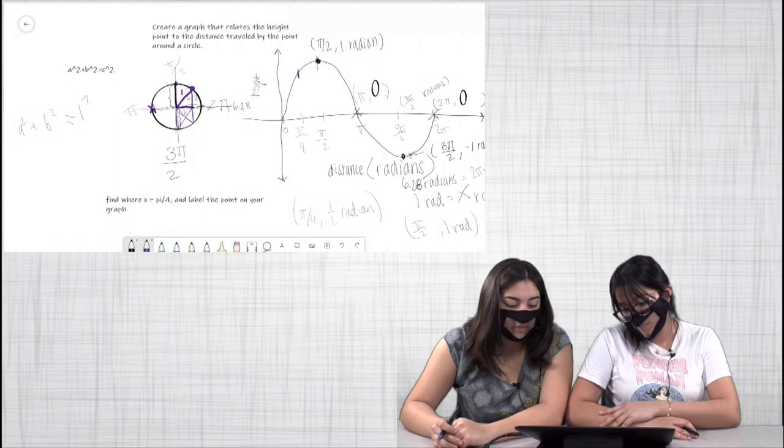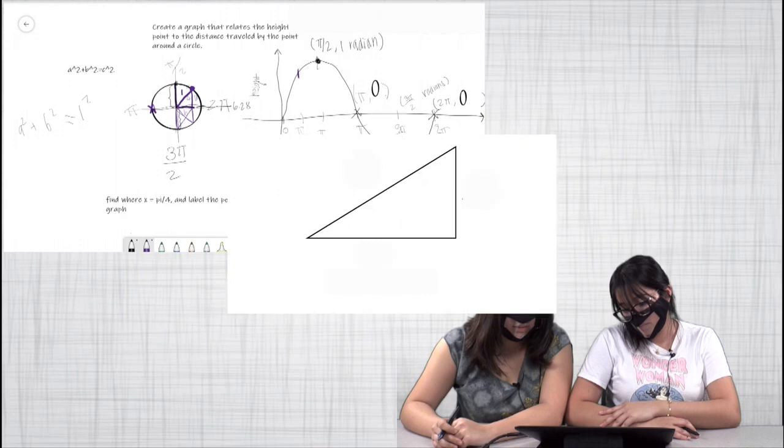Recall, the Pythagorean theorem says that a right triangle with sides A, B, and C will satisfy the equation a squared plus b squared equals c squared. As we've already said, our c is 1 because it is the radius, and in radians, a radius is equivalent to 1 radian. Then, we can actually say a is equal to b.